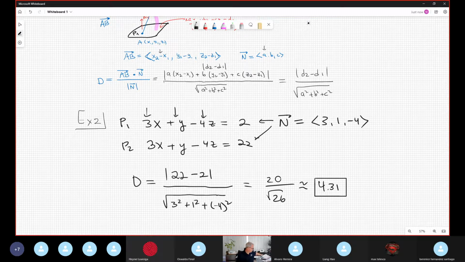Super easy. Distance between two planes and distance between plane and point. Any questions, guys? You follow? Does it look complicated? No?